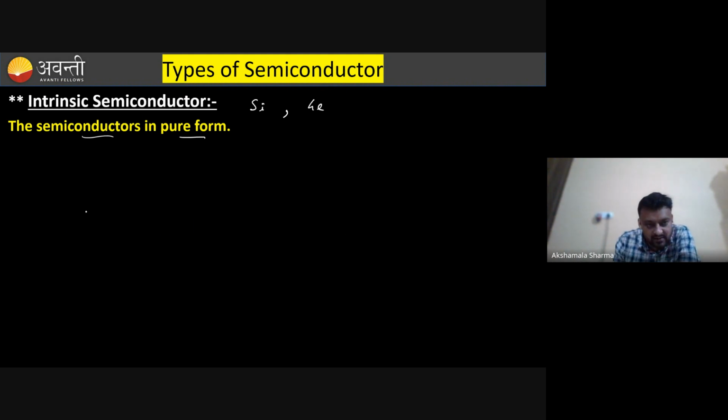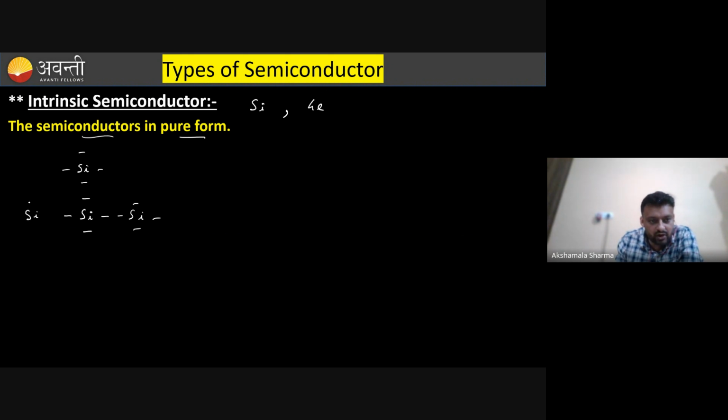Like you can say this is silicon. In the outermost shell of silicon, there are four electrons. One, two, three, and four. Clear? And there will be other nearby silicon atoms. It will also have four electrons. Another silicon, it will also have four electrons.